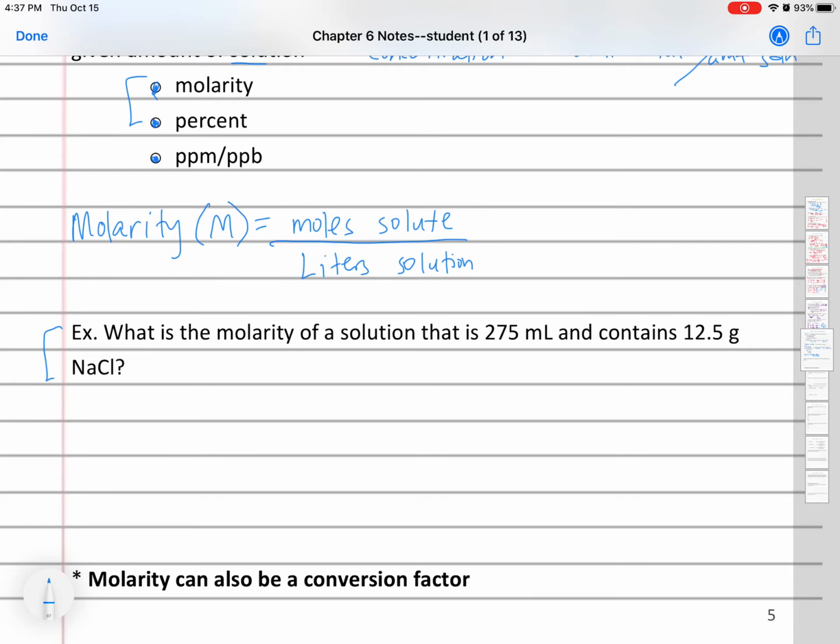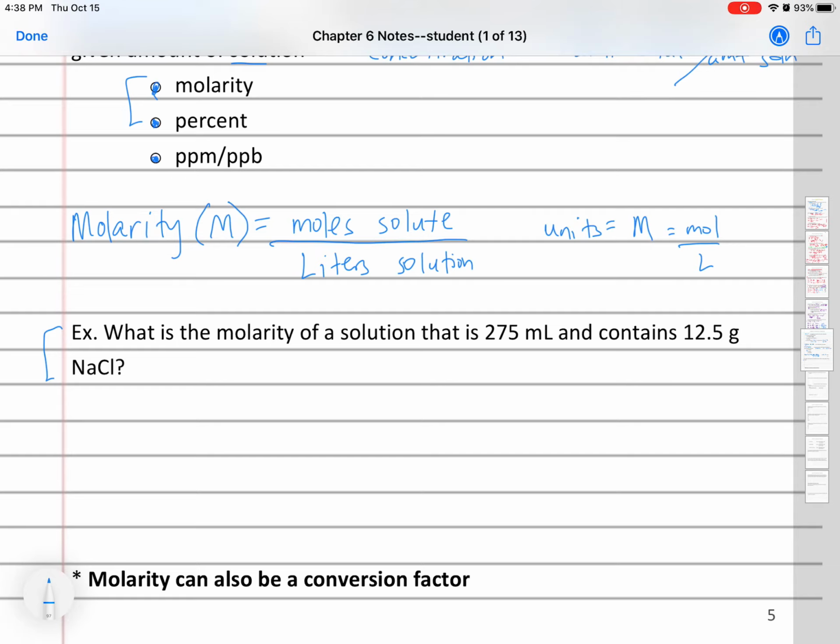These are specific units, so it's not just moles per volume, it's moles specifically per liter. So the units of molarity, we oftentimes just write as capital M for molar, but it means moles per liter.